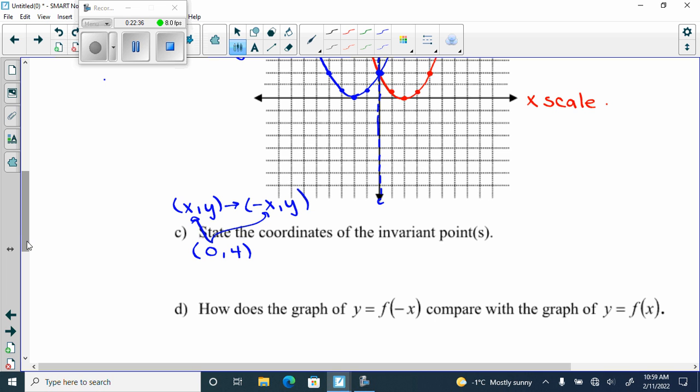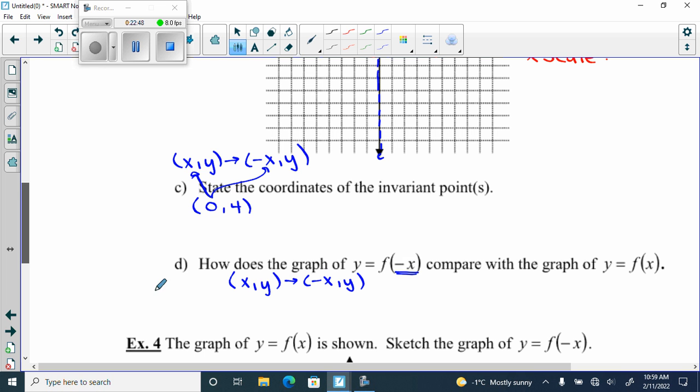Then how does the graph of y equals f of negative x change? So this means all my x's are being negated. So I know it's xy becomes negative xy. But what did I tell you that's a reflection in, though? If it's affecting the x's, it's a reflection in the y-axis. Because if your x's are being negated from here to here, or here to here, you're reflecting on the y-axis, right?